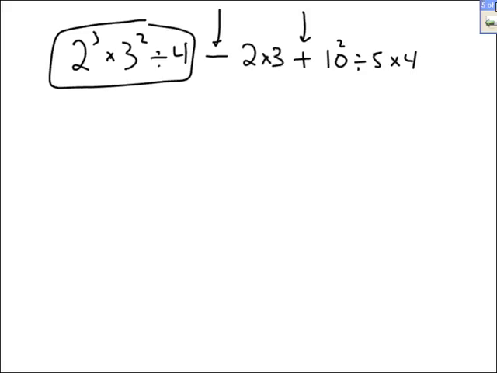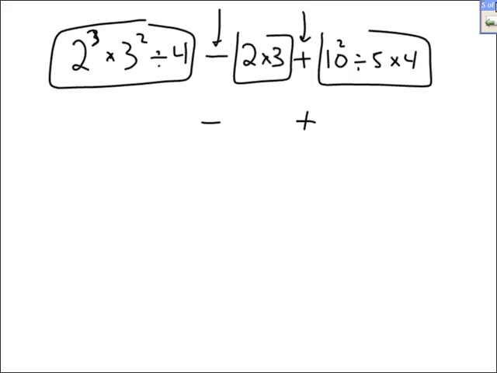First term minus the second term plus the third term. We want to know what the value of these terms are, and then, and only then, will we add or subtract them.